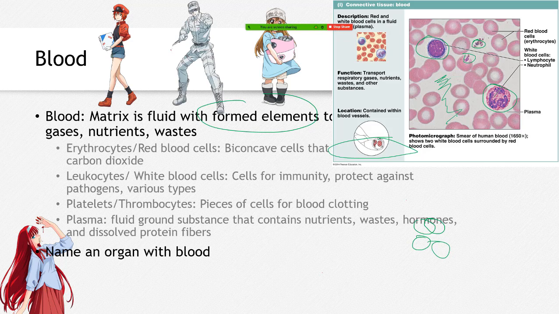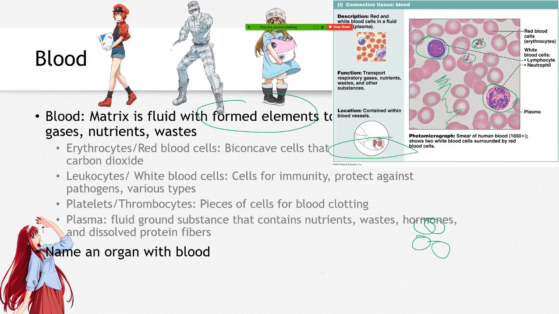Yes, the heart would be a great one. What other? Not really the brain, although there is blood going to the brain, right? We do have blood going to the lungs as well. Let's think of what you call those things that transport blood. Yeah, blood vessels, arteries, veins are going to be awesome answers.